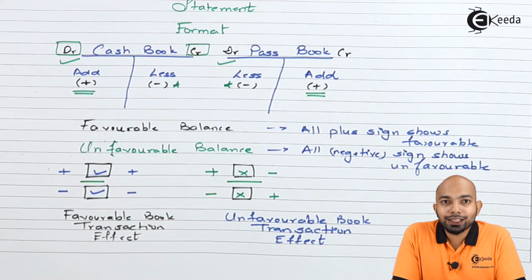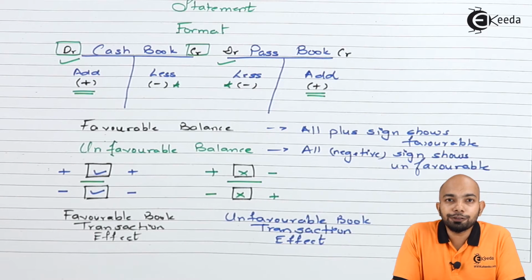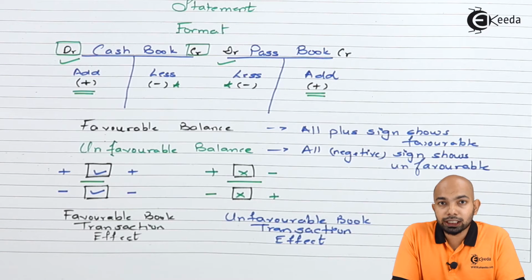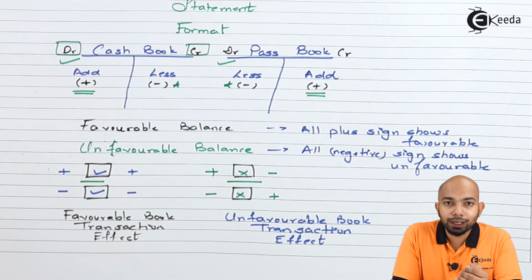When any transaction you're dealing with refers to the favorable book, which can be either the pass book or the cash book, you have to do exactly what the sign says. If the transaction was supposed to be added and it refers to the favorable book, you will be adding the transaction amount. If it was supposed to be subtracted, it will be subtracted.